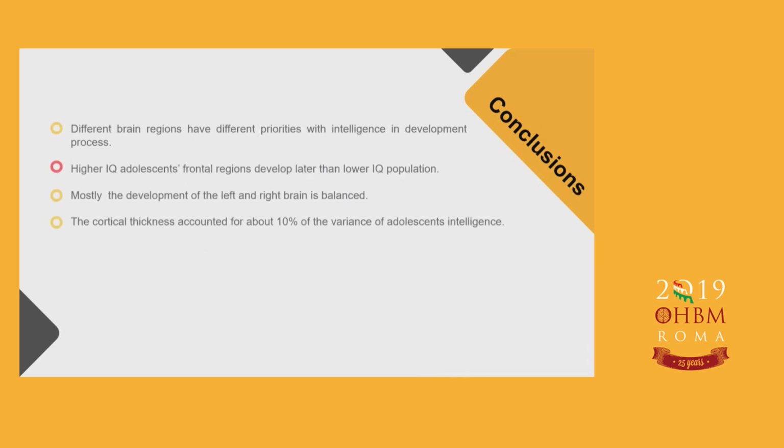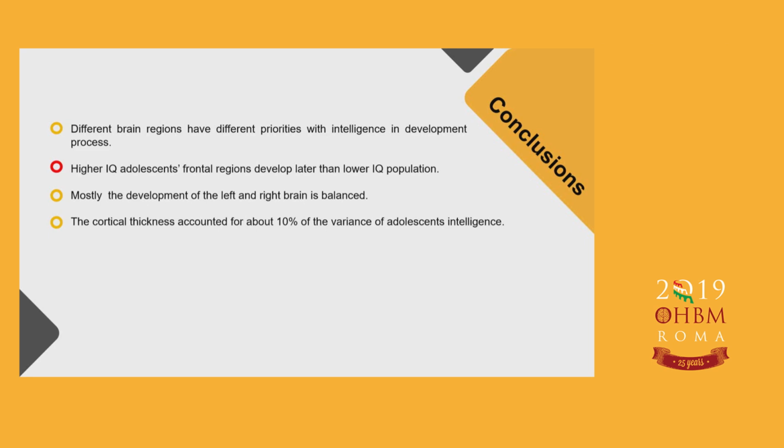In conclusion, we used ABCD sample cortical thickness and cognitive scores to analyze their association, both from mean and dispersion aspects, using a double generalized linear model. Using this model, we can get two model results.